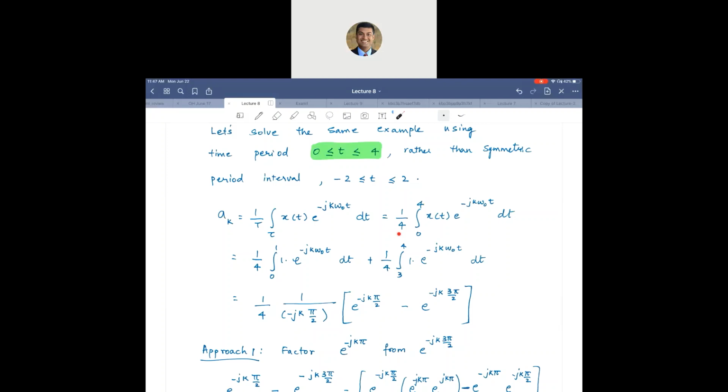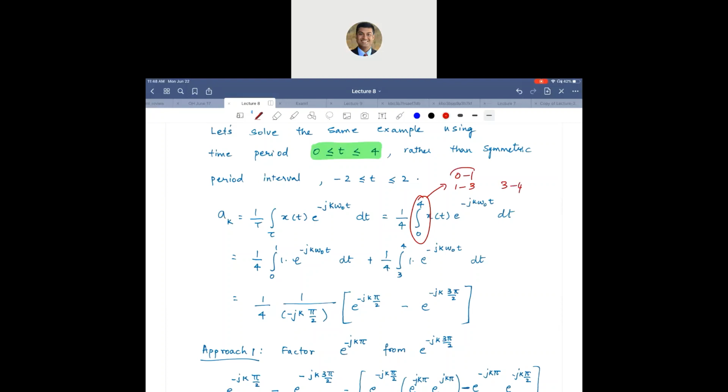1 over 4 because time period is 4. X of t is 1 during part of the time, which is from 0 to 1. E to the negative j k omega naught t. So 0 to 4 can be broken down into 0 to 1, 1 to 3, in fact it is off, and then 3 to 4.